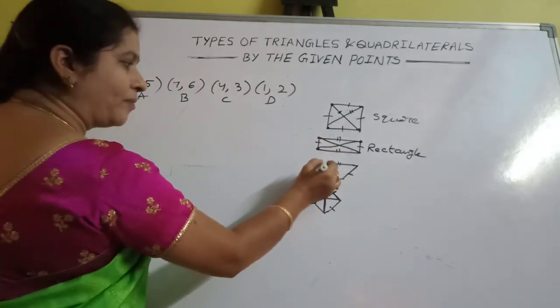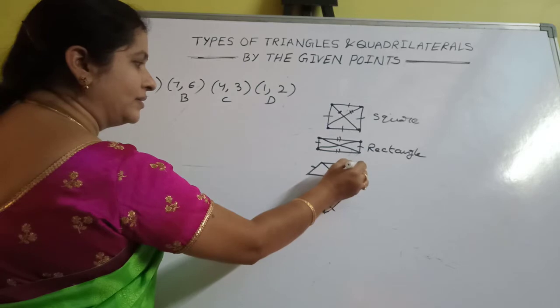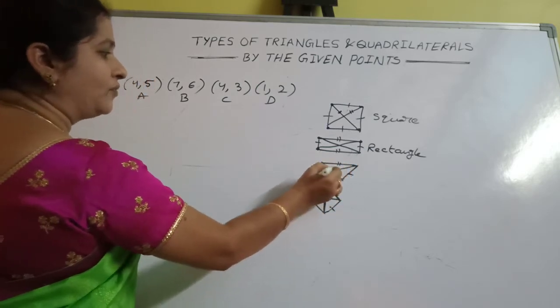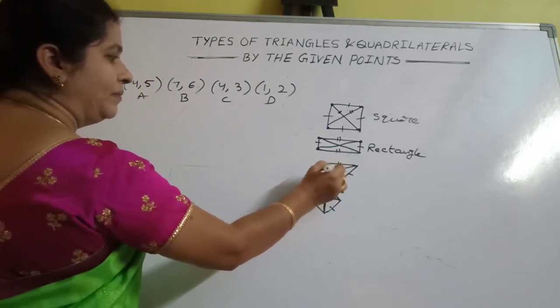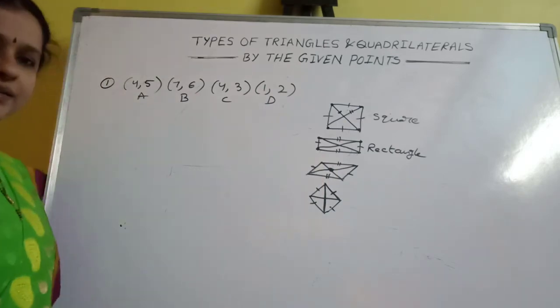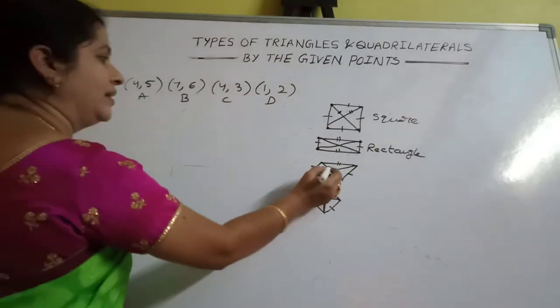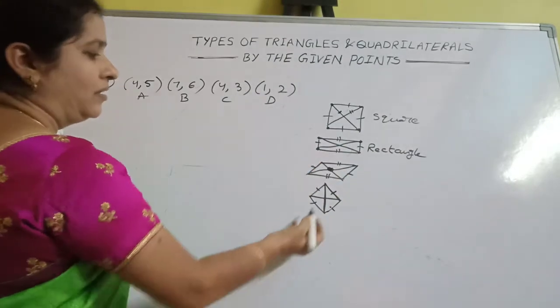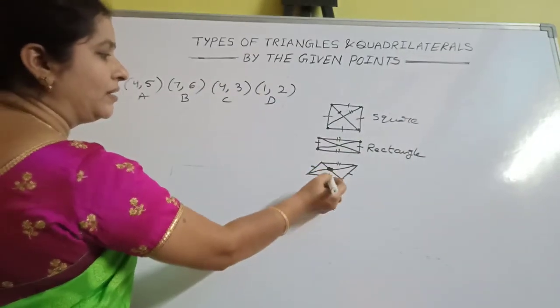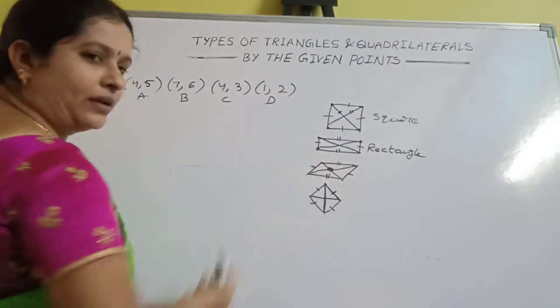And another property is also there, that the midpoint of the two diagonals is the same. Only you have to prove here that opposite sides are equal.